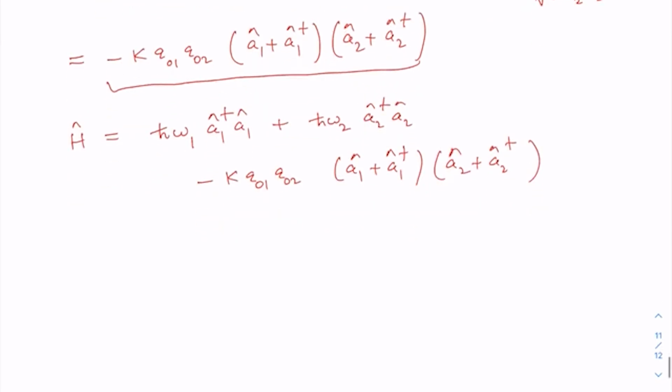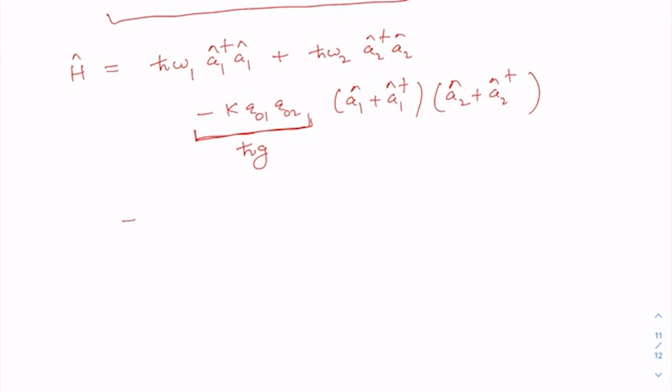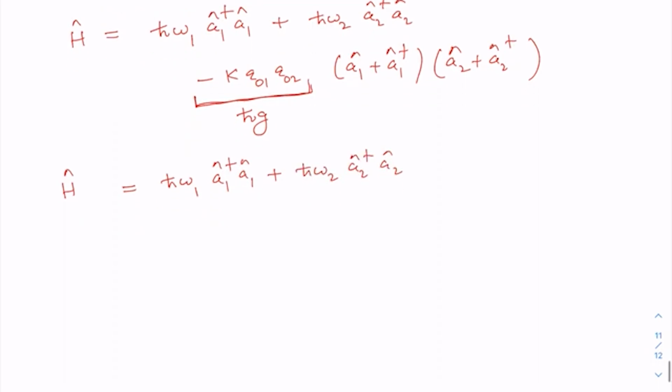But this one has the dimension of energy, so let me write it as h cross z. Z is the coupling coefficient between the two oscillators. So finally the quantum mechanical Hamiltonian I can write in this particular form: the second oscillator term, and when they are coupled, this is the coupling part of the two oscillators, with (a1 plus a1 dagger) and (a2 plus a2 dagger).